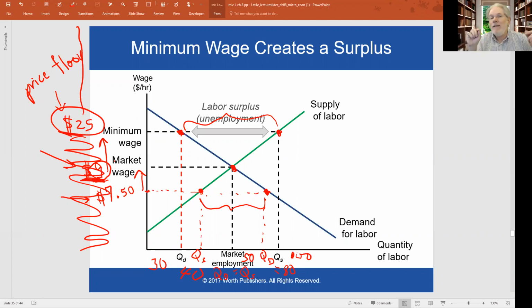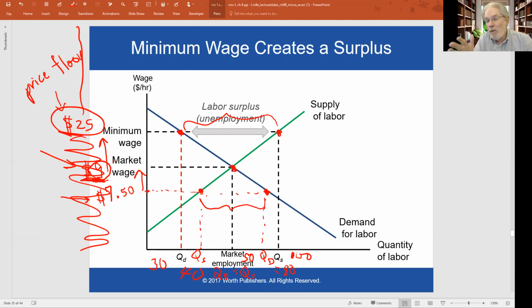The minimum wage law does not guarantee any wage to everybody. What the minimum wage law does is guarantee that if you are hired, you will be paid at least that much. But the minimum wage law does not guarantee that anybody will get a job.